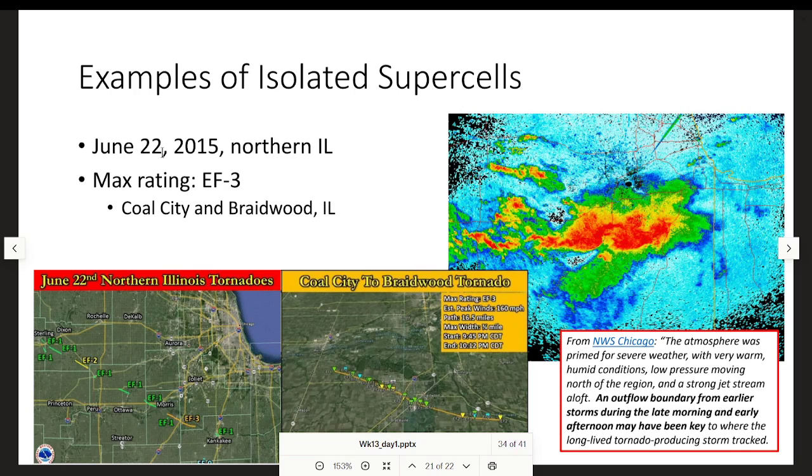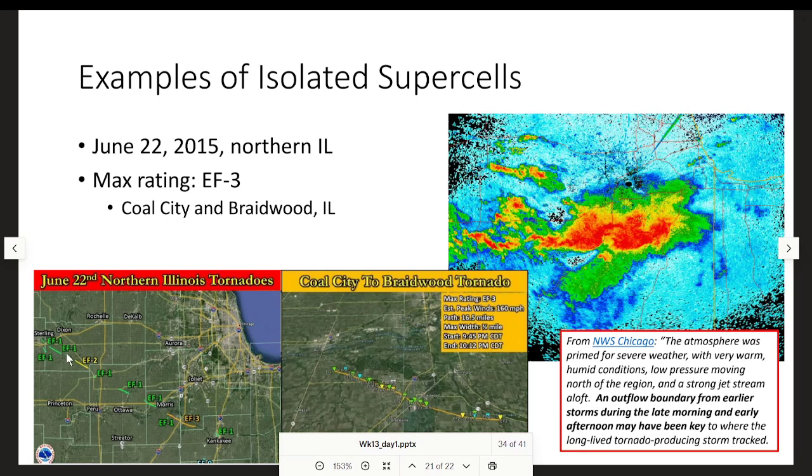June 22nd, 2015, in northern Illinois, you had an EF3 in Coal City and Braidwood, Illinois. This is what the National Weather Service Chicago said. Before we get into that, we'll talk about this tornado.